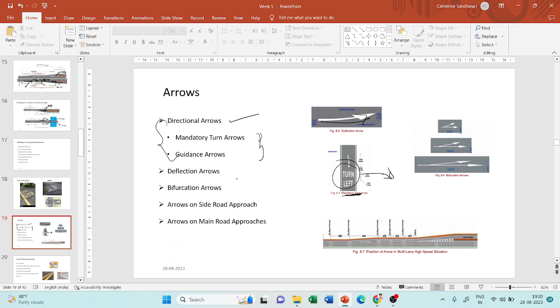Deflection arrows warn you of an approaching restriction, so they are used for warning purposes. Here also they are used to guide the traffic to the correct lane, but unlike mandatory arrows, they are just for warning purposes.